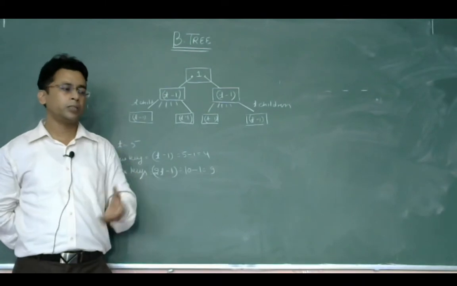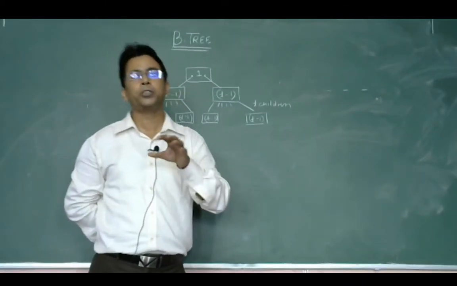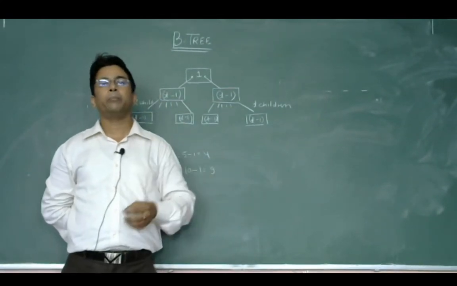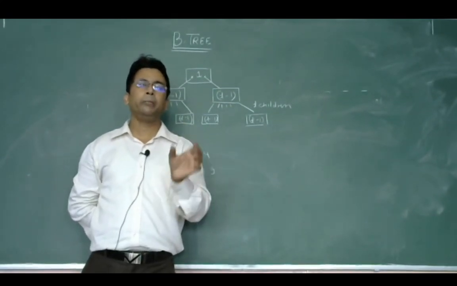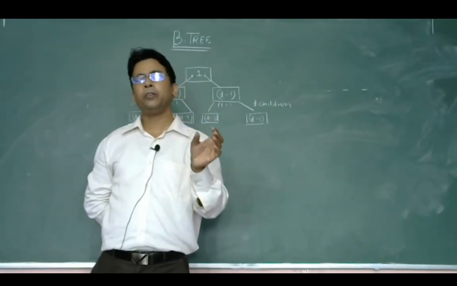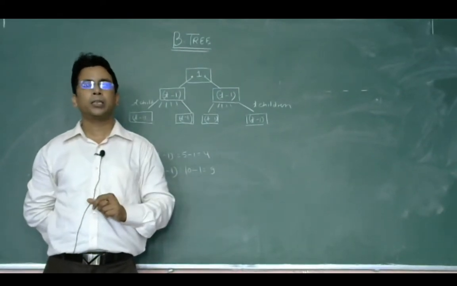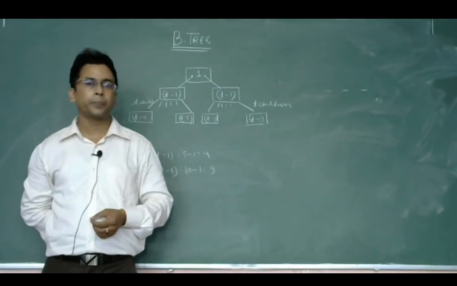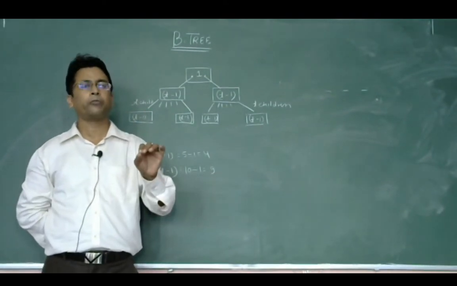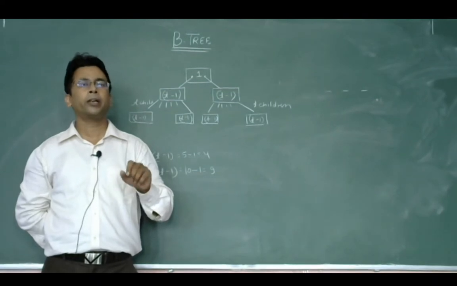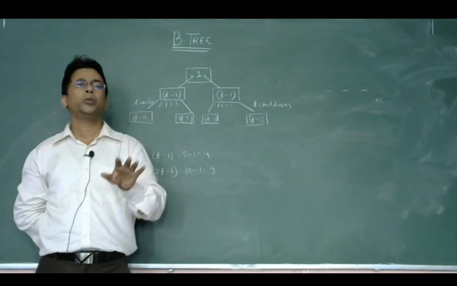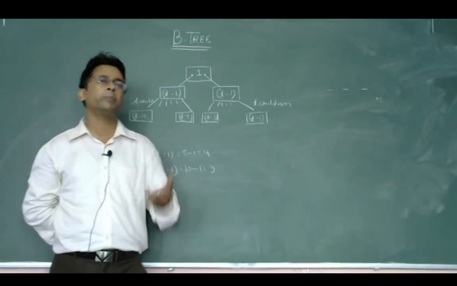For example, there are 100 students and you have to assign classes to them, and you set a limit that you may assign between 40 and 60 students to a class. Then how many classes do you require? If you store the minimum number of students in a class, for example 40, then you will require the maximum number of classes, and if you assign 60 students to a single class, then you will require the minimum number of classes.